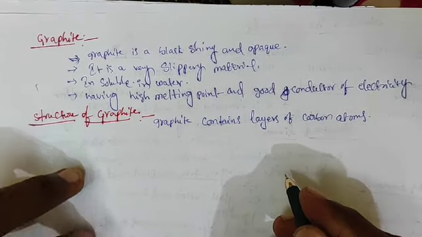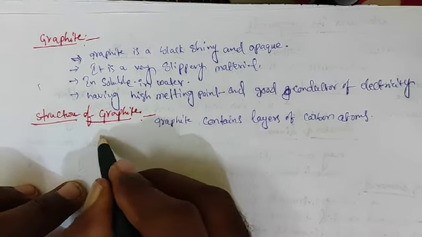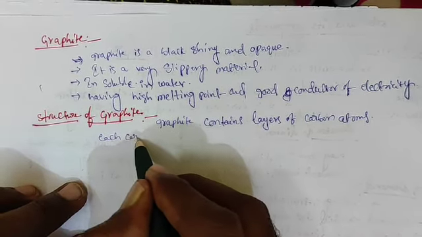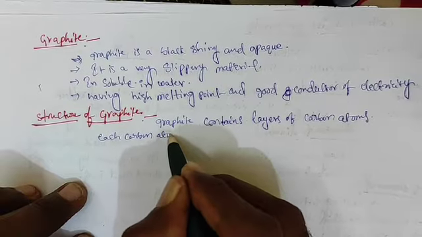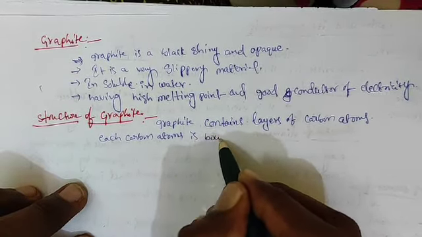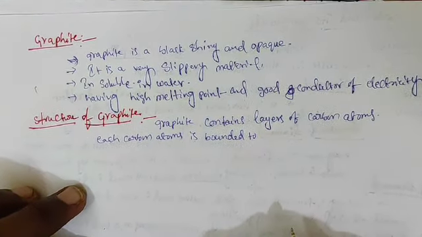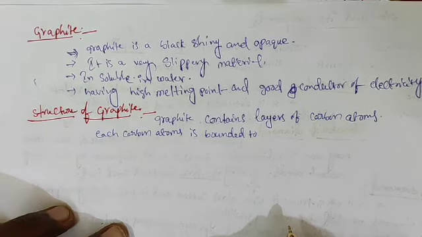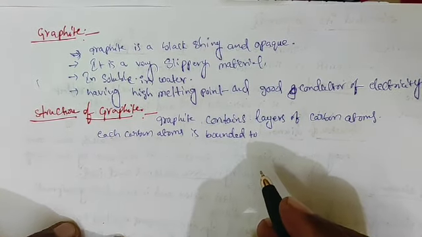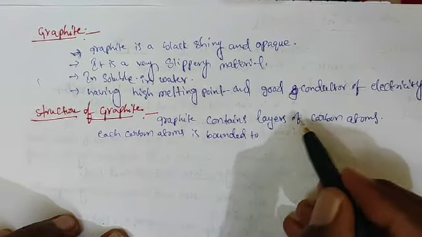Which atoms? Carbon atoms. In graphite, each carbon atom is bonded to three other carbon atoms.